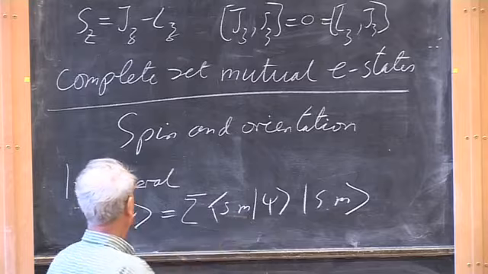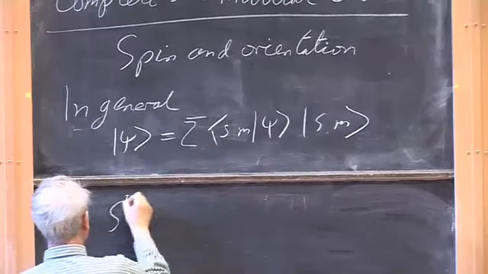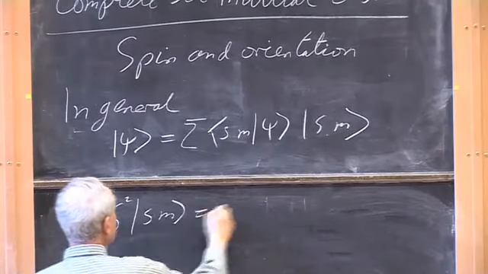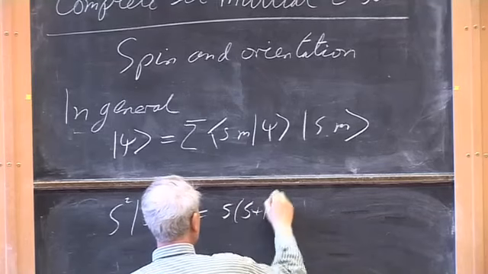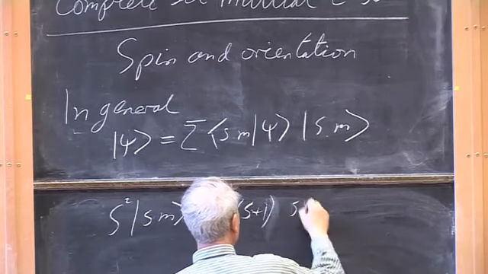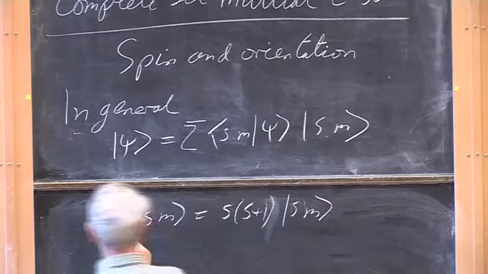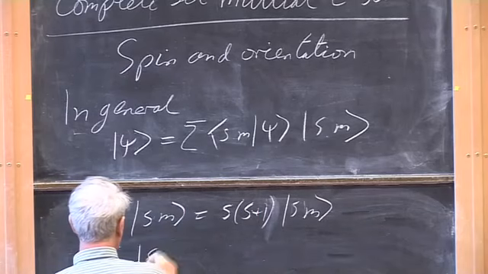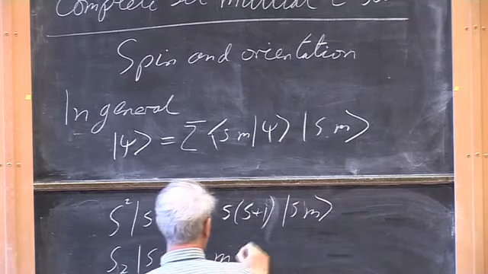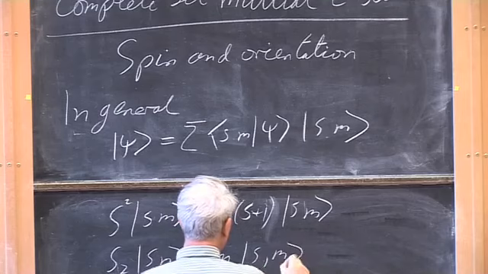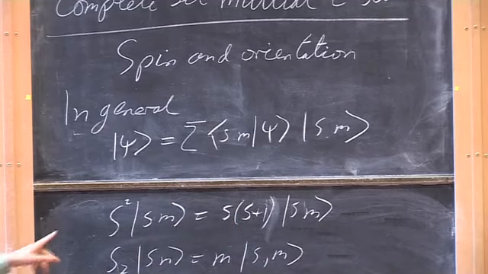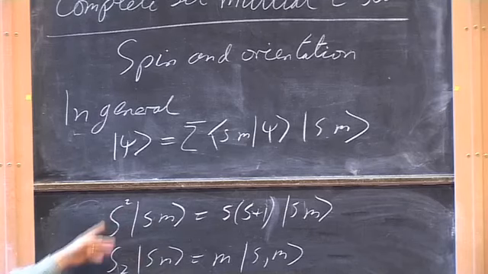So we're saying that S squared on |S m> is equal to s(s+1) times |S m>. And we're saying that Sz on |S m> is equal to m |S m>.